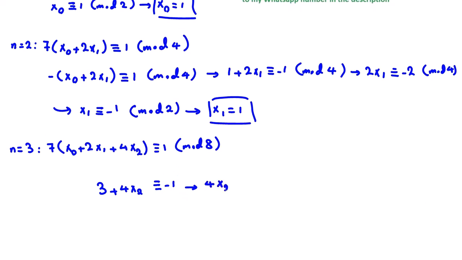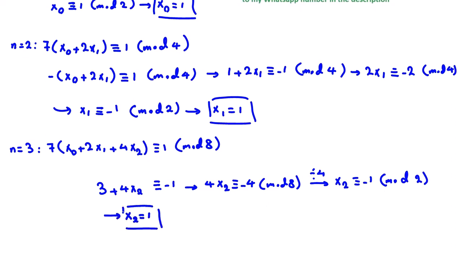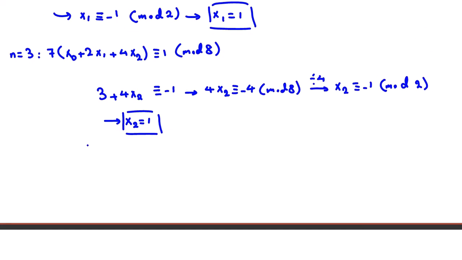So 4x2 is congruent to negative 4 mod 8. We divide both sides by 4, so x2 is congruent to negative 1 mod 8 divided by GCD of 8 and 4, which is 8 divided by 4, which is 2. So x2 is 1. Now let's consider n equals 4. Try n equals 4 and find x3 first on your own.